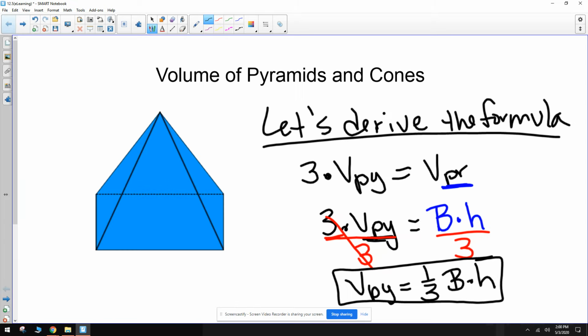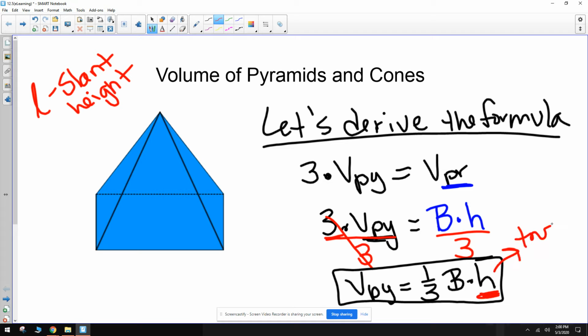Now, oh, you know what? I have to go back, sorry. This height here in the formula is true height. I know in surface area we use the cursive L, which is slant height, which means it doesn't create a 90-degree angle. When we see the cursive L, we're talking about slant, no 90 degrees. This is true height, which means it has to create a 90-degree angle with the base.